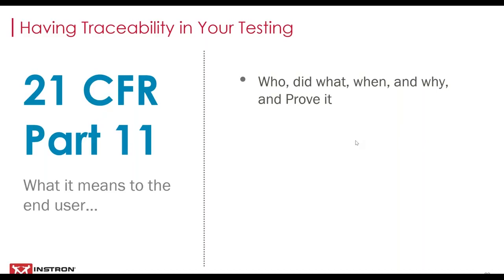When you think about an Instron system and Bluehill Universal, Bluehill is generating the electronic records that are essentially your data. So it's really important to be able to know who generated that data, what did they do, when, and why, and then having that secure and searchable audit trail to prove it.